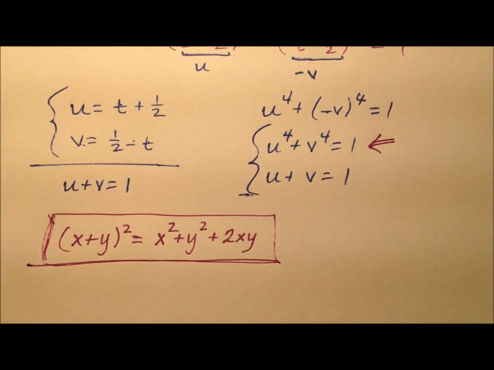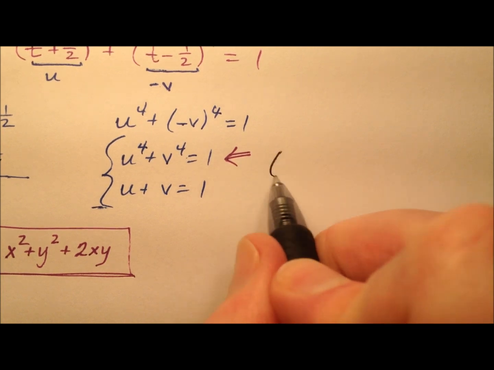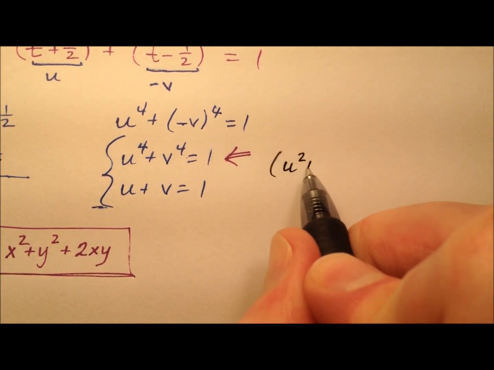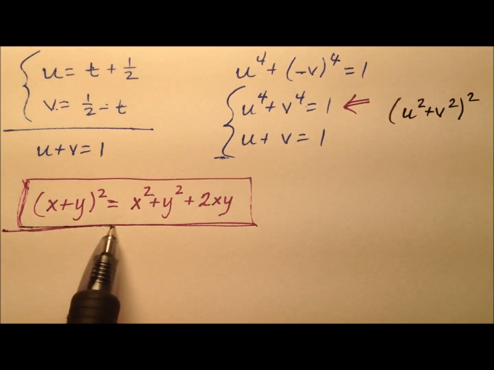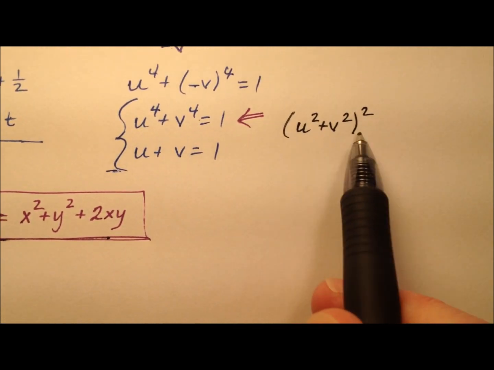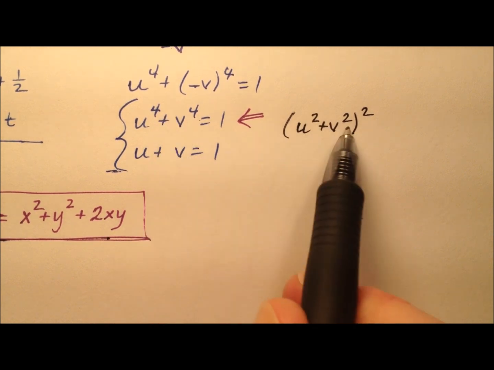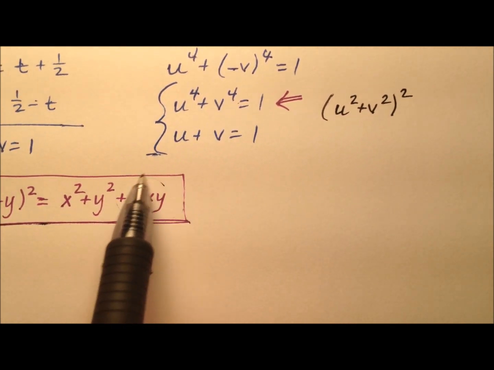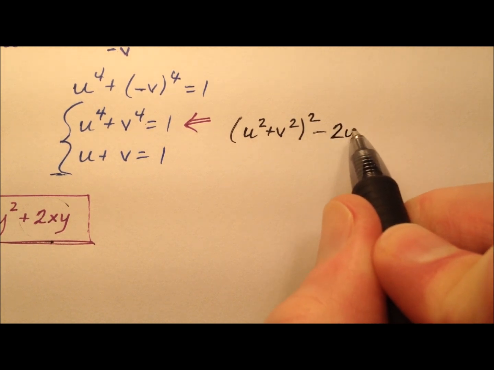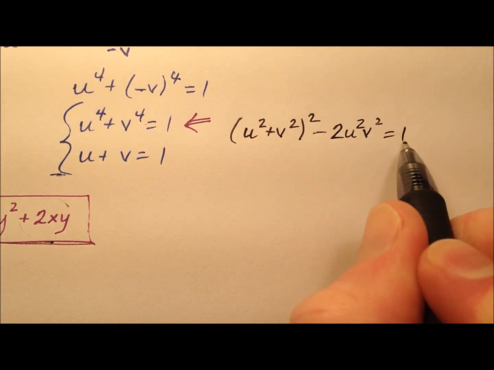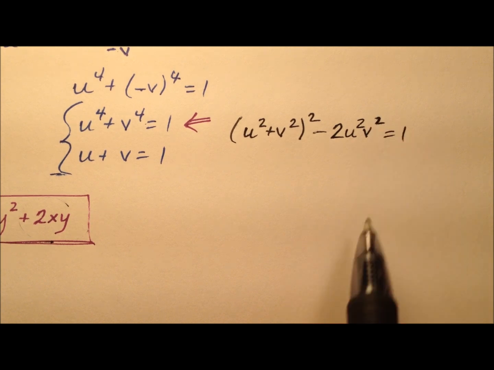So what's that going to look like? Well, I can say (u squared plus v squared) squared, which again is going to use this right here. But of course this isn't a perfect equality here because we had this extra 2xy, so let's just go ahead and minus that out. So we'll minus out 2u squared v squared, and that equals 1.